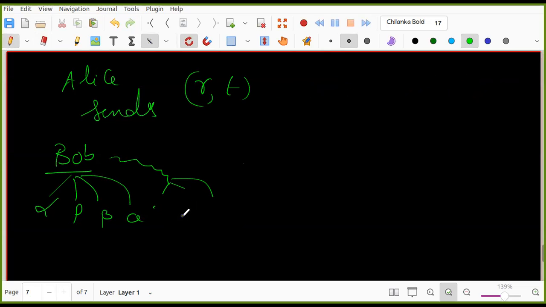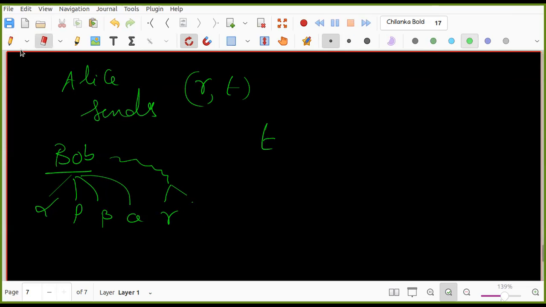You have also not responded anyhow. So now Bob also has this R and T, right? R is known. So is it possible to compute these quantities? Let me know.